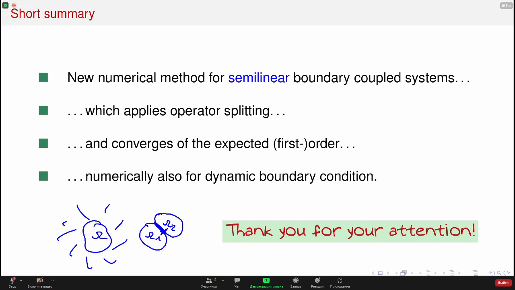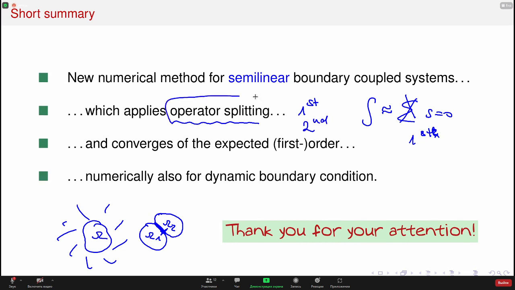Okay, now I really have to think. No, we cannot have higher order convergence in this case, because this operator splitting itself was a first order operator splitting, and also when the integral was approximated, when s equals 0, this was also a first order approximation. But we are working on a second order scheme now, with another operator splitting procedure.